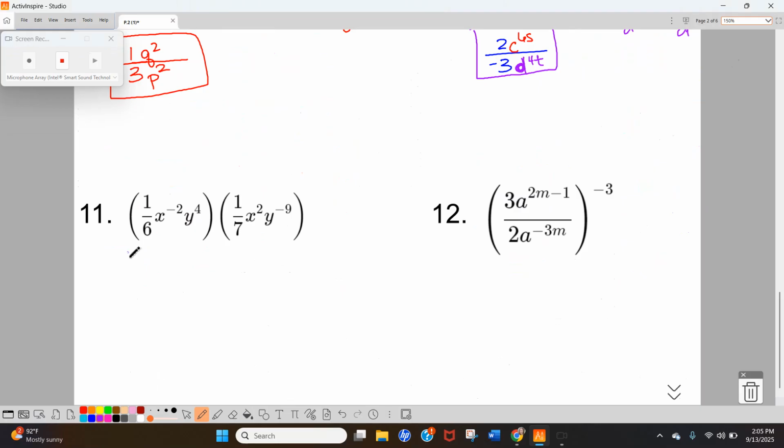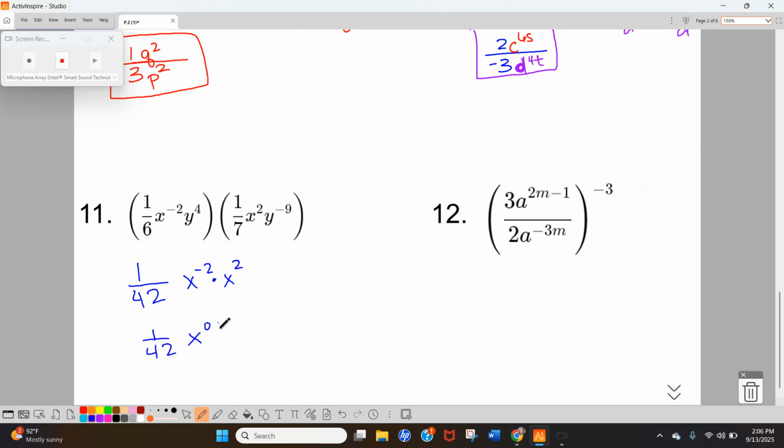All right, so here, nothing super crazy going on here. We just got some fractions. So remember, we're going to multiply numerator times numerator. So 1 times 1. Denominator times denominator. So 6 times 7. And then handle everything else the same. You got x to the -2 times x to the +2. So if I write that out, again, not necessary to show this step, but we're going to get this.